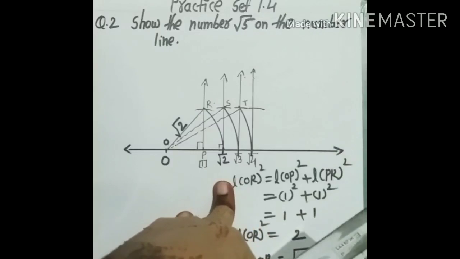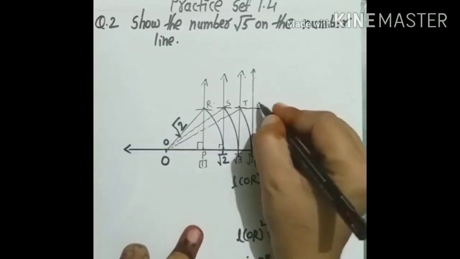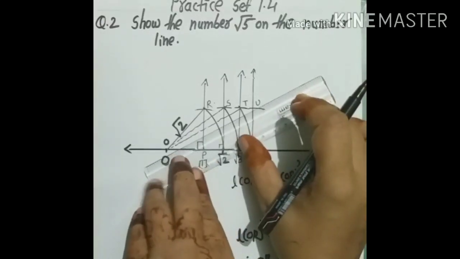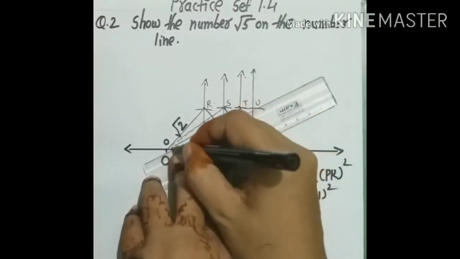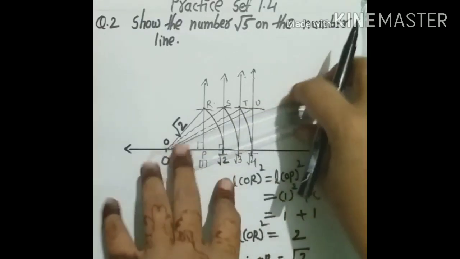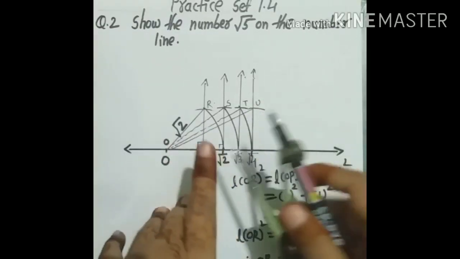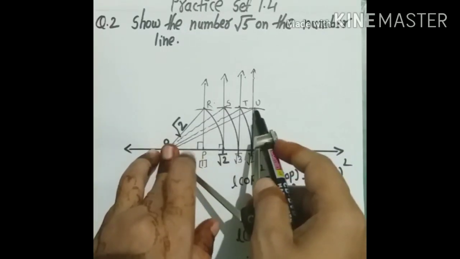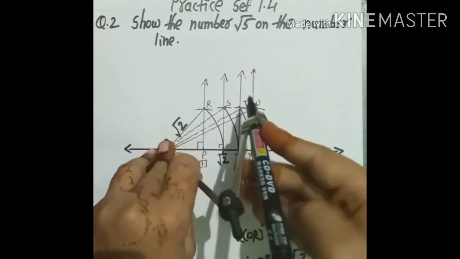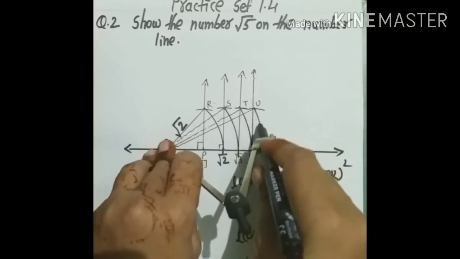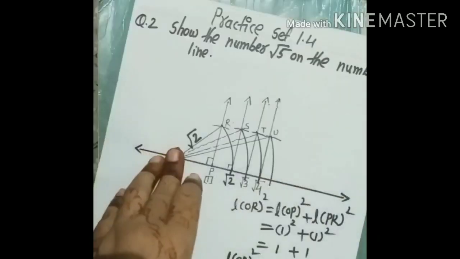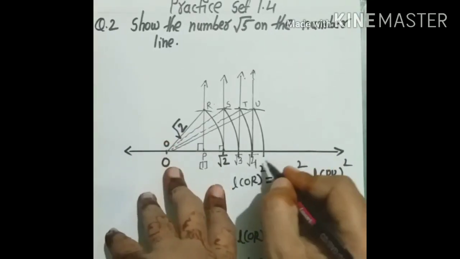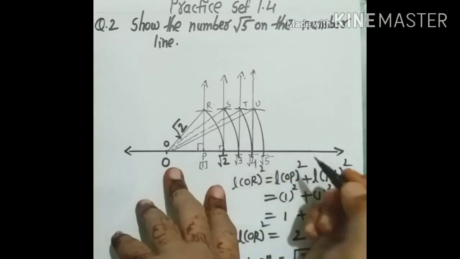Now give this arc the name U, and join U and O with dotted lines. Now children, take your compass again, keep it on O and the pencil on U and draw the arc. Now here is root 5.